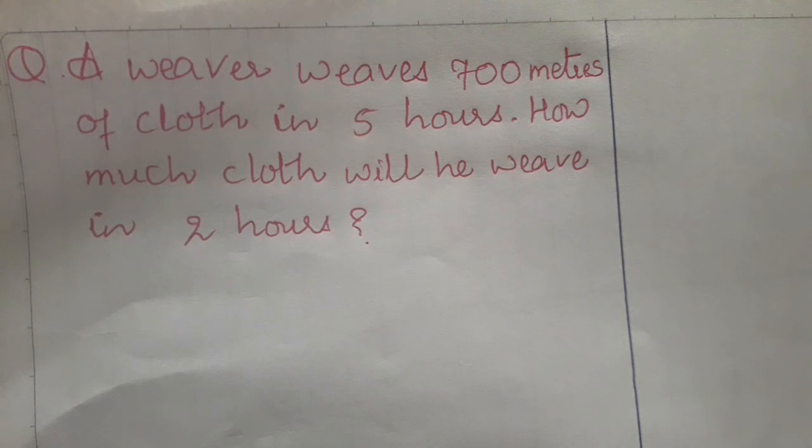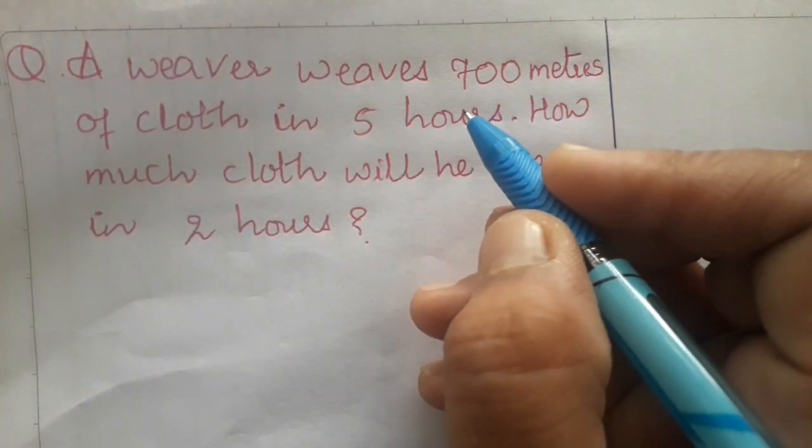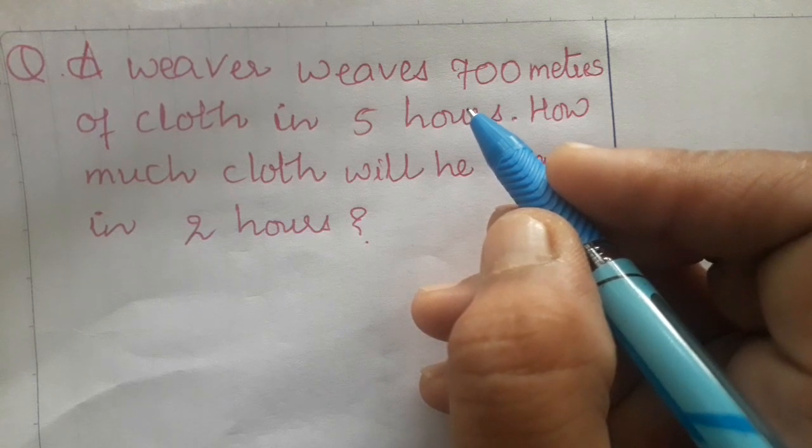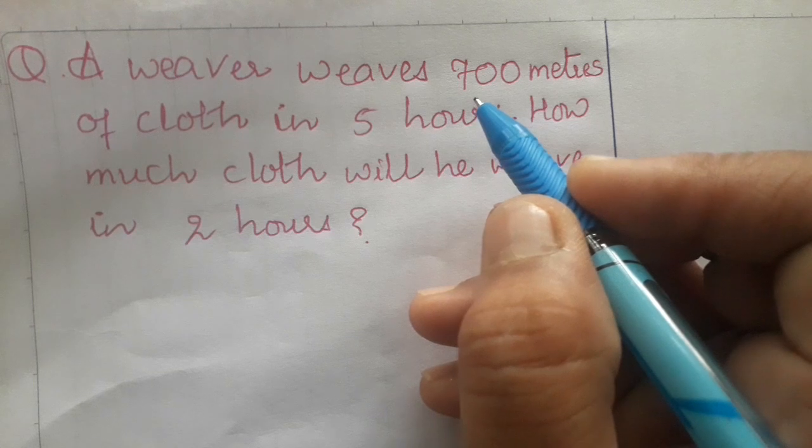See the first question given here. A weaver weaves 700 meters of cloth in 5 hours. How much cloth will he weave in 2 hours? Now when you reread the question, you can see that two things are given.